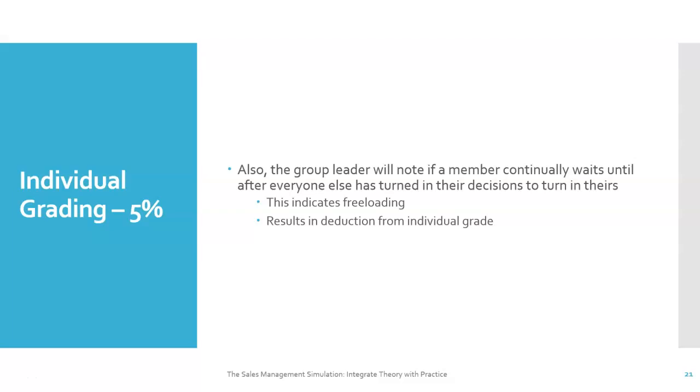So one job of the leader is to know if people are coming into your meeting having not made their decision, and I believe the leader can see who has made their decision. If you're continually doing that, then the leader's going to report it to me, and that's going to reduce your individual grade. Also, if you're not making your individual decision, then you don't get points for that.